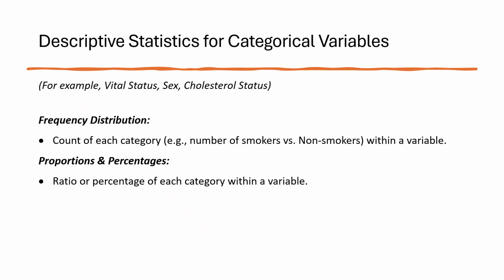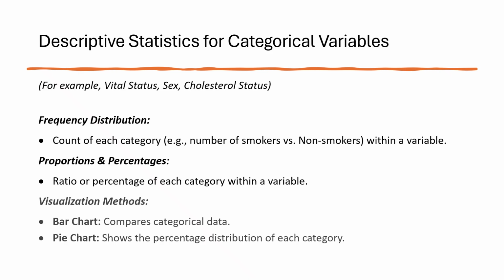Secondly, we provide the proportion or percentages of each of those categories within each variable. Again, simply speaking, say 49% males, 51% females, or say 21% of our cohort had high cholesterol status, etc.